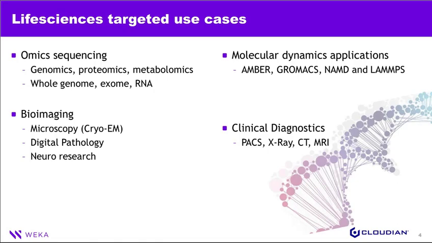We also see molecular dynamics applications, like some of the common names, Amber and Gromacs and so on. And then finally, we see clinical diagnostic applications where there's a heavy use of artifacts like PACS and X-ray and CT scans and MRI. And as we go along, we are seeing the advent of machine learning and AI.